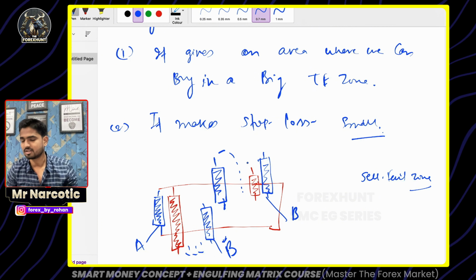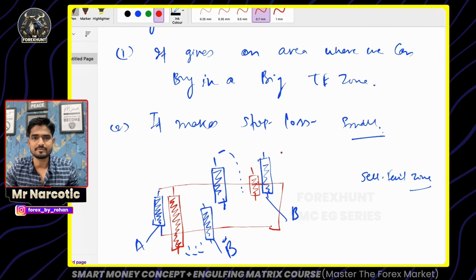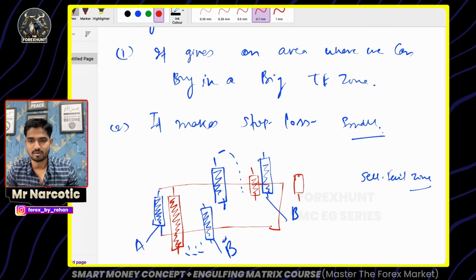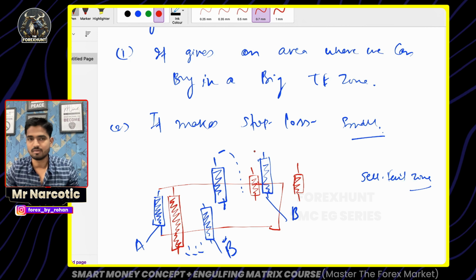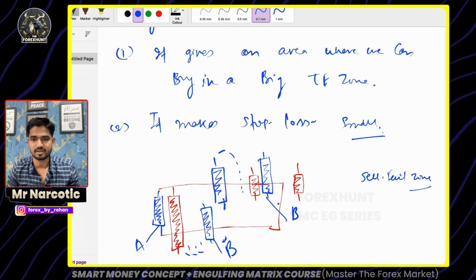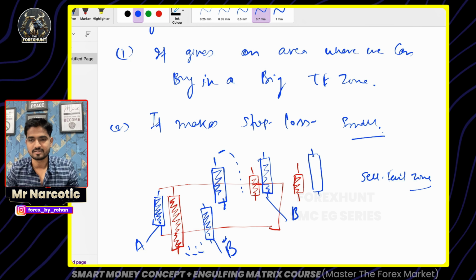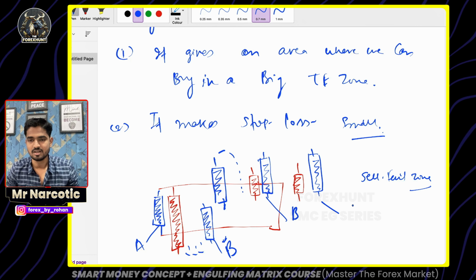And again, on the third thing, when the market comes to your zone again, which gives an additional confirmation, again a red candle formed like this, and then a blue candle formed. Okay, then a blue candle formed like this, you can say this is a C. Okay, this is a C.